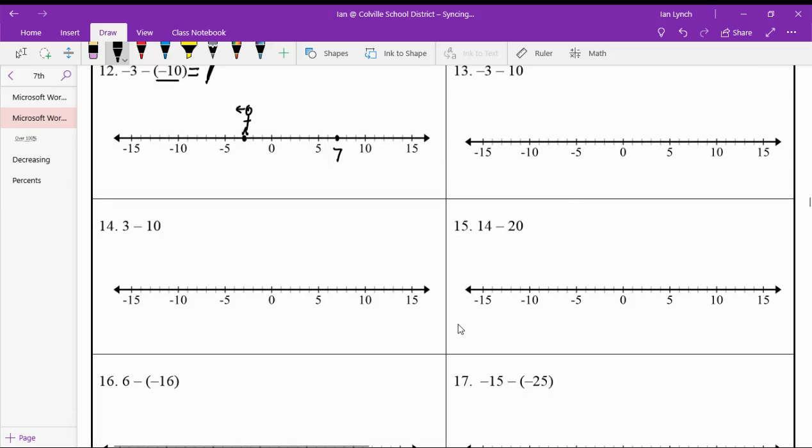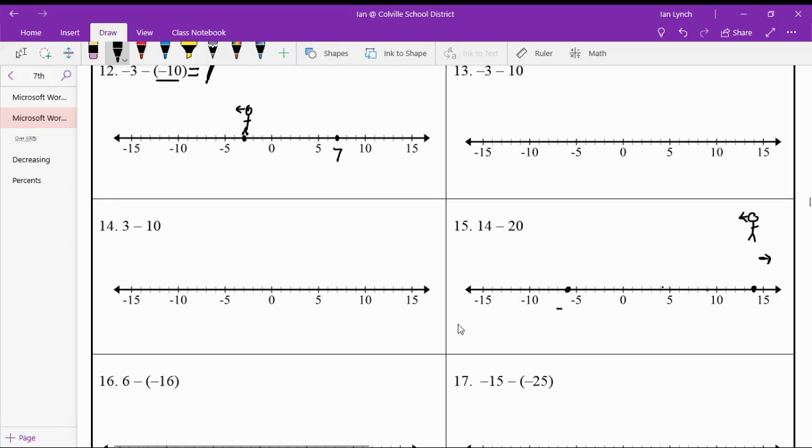So for number 15, we're going to start at 14. We're going to look in the positive direction, starting out, but we have a negative. So we're going to quickly turn around and look in the negative direction. And we're going to move 20 places. All right, so that's 5, 10, 15, 20.